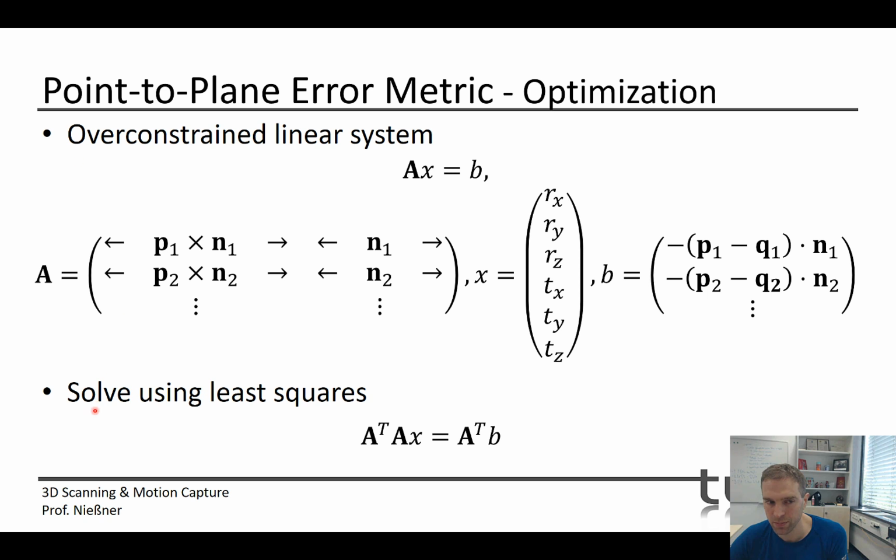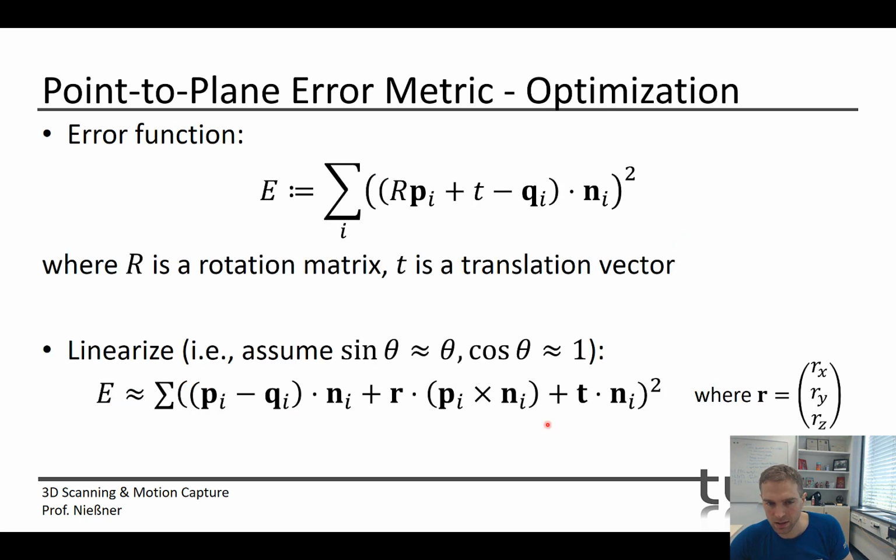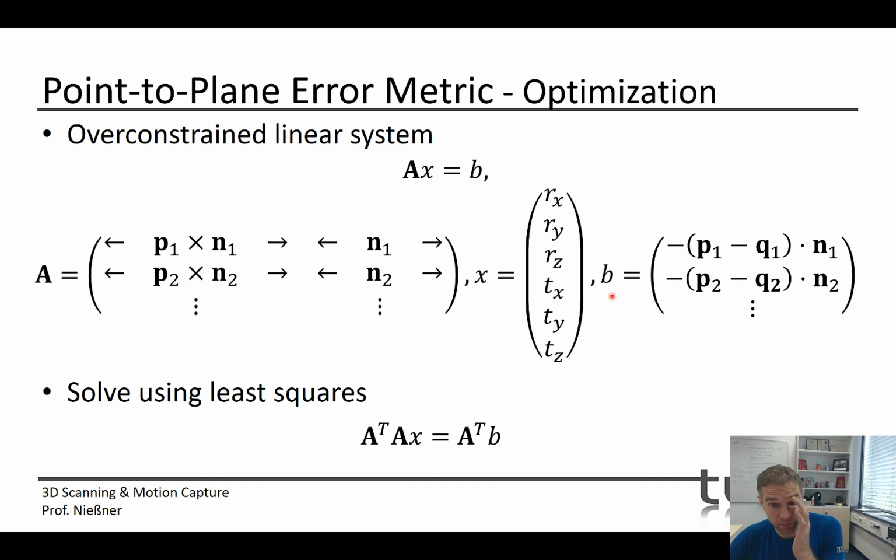So A is a pretty large matrix: the number of correspondences times 6, where 6 is the number of unknowns. The B vector is the residual that is left over, and it has one entry for every correspondence.